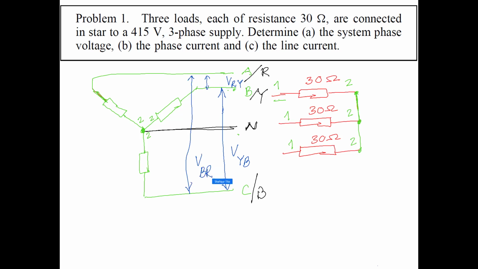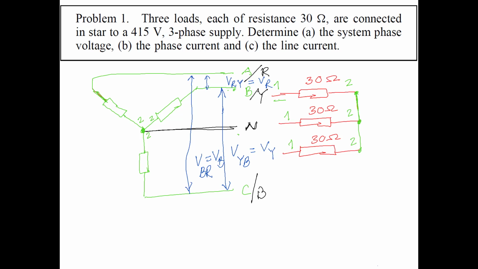Or in simple terms, we can write this is VY, this is VR, and this is VB. So the voltage we are considering between 2 lines, that's the line voltage.